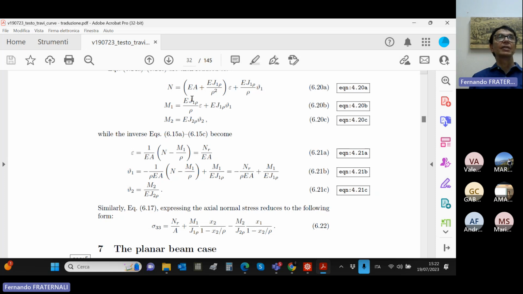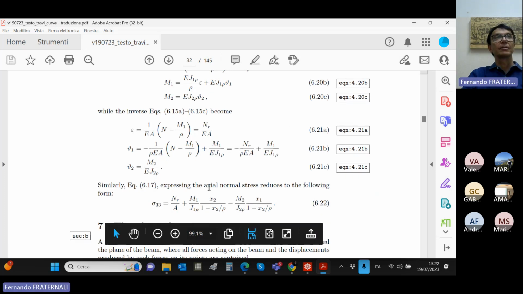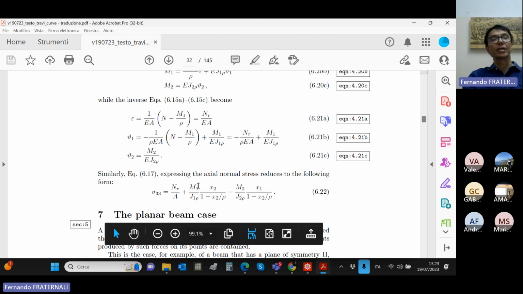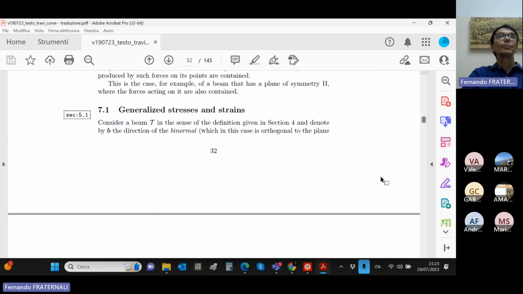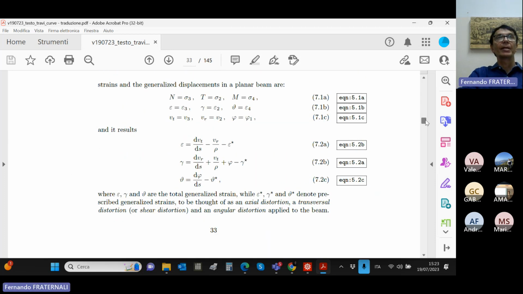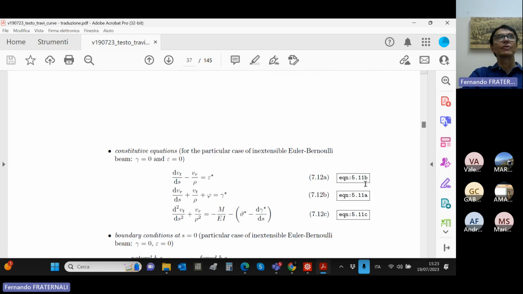We won't have theta 2. So also this generalized Navier formula will have only the term with M1. So let's go to the planar case of the beam with strong curvature.